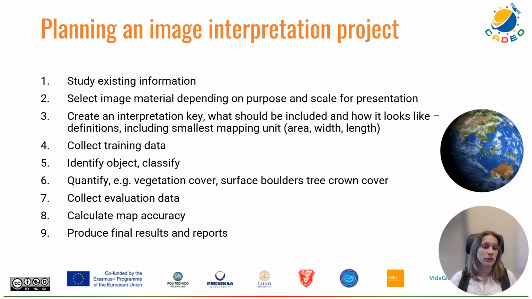Then it's time to start mapping, digitizing the areas that you're interested in, identifying the objects, classifying, and trying to be as consistent as possible. Follow the interpretation key and the definitions you have there.